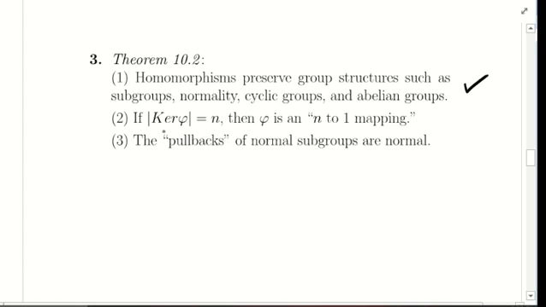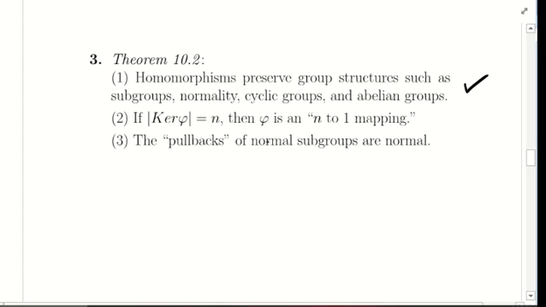Okay, let's leave that. Now, this one here is kind of interesting. What this is saying is if the kernel is a finite number, then the mapping is n to 1, which means it takes n things and maps them to one single thing.